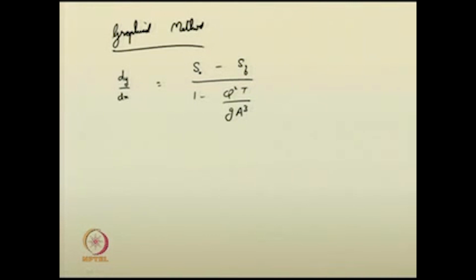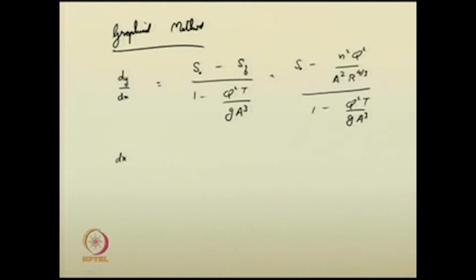In the beginning of this module, we have been discussing this dynamic equation, so please recall them. This can be written as S_0 minus S_F, given using Manning's equation, n squared Q squared by A squared R to the power of 4 by 3, divided by 1 minus Q squared T by g A cubed.